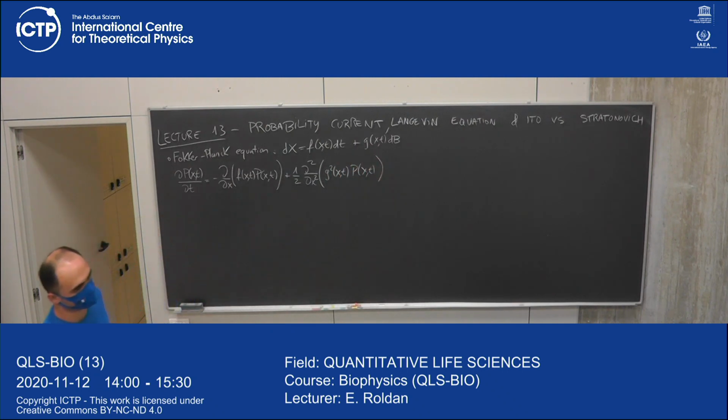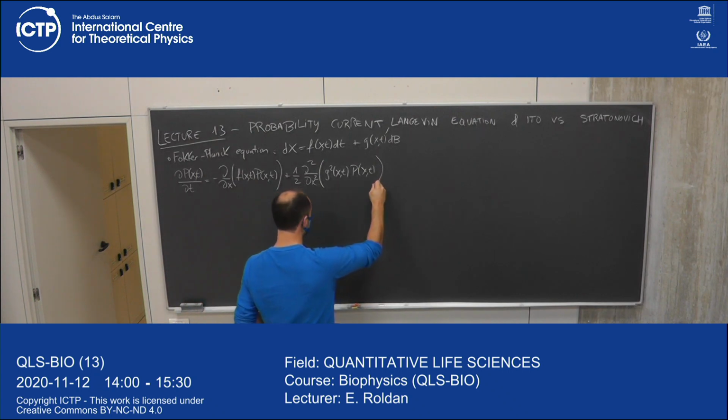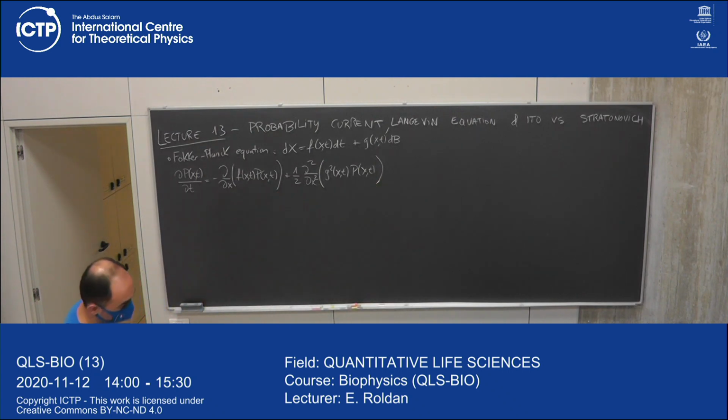This is what we showed yesterday. We had a mathematical proof for this equation, and you will meet this equation in different fields. You will see it later in your course or in your career.